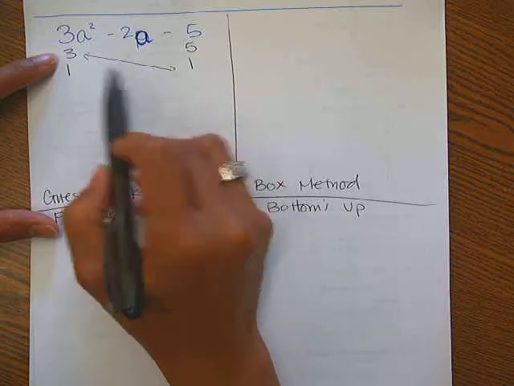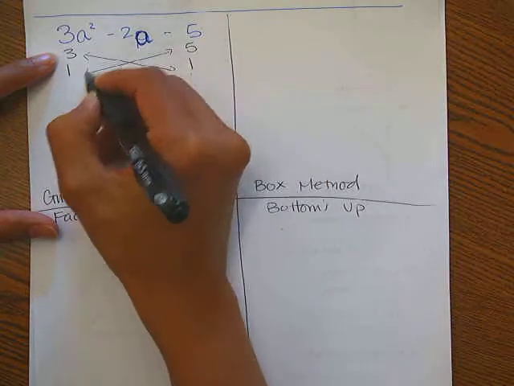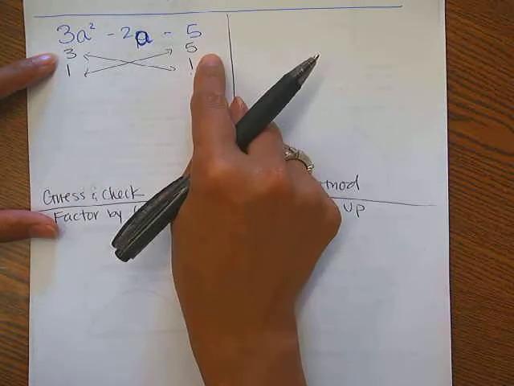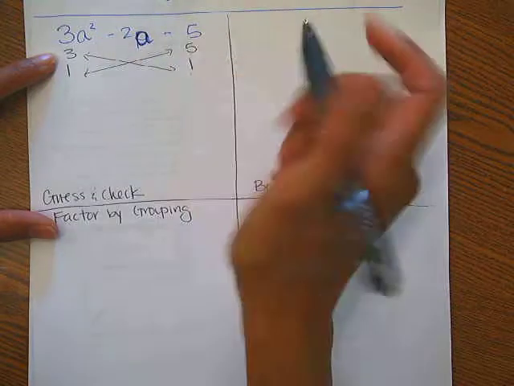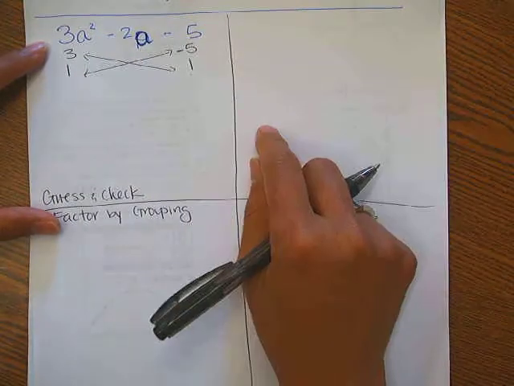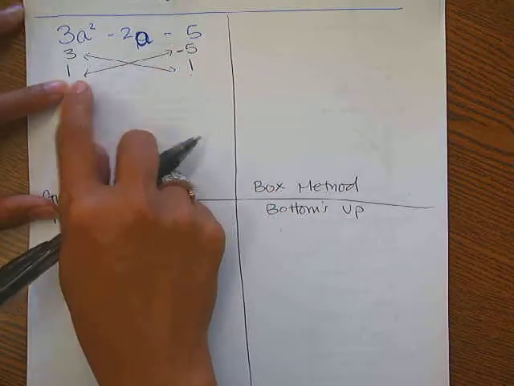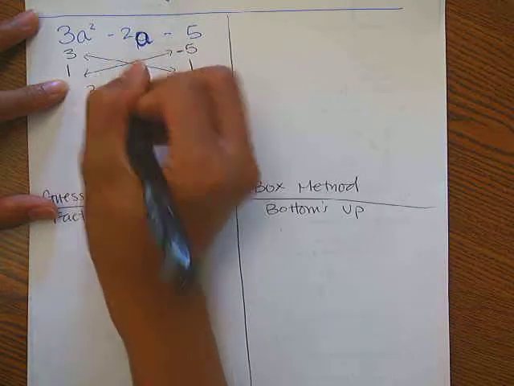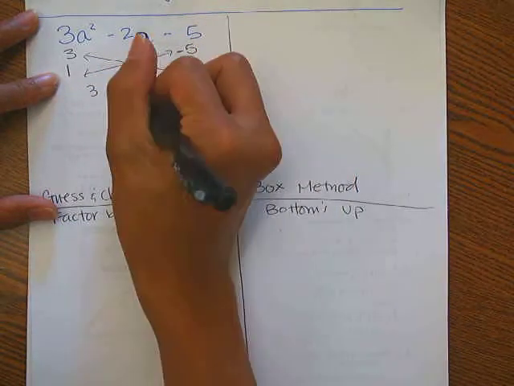When I cross multiply, 3 times 1 is 3, added to 1 times 5 is 5. So 3 plus 5 does not give me -2. Well, one of these is negative. Let's do it again. 3 times 1 is 3, added to 1 times -5 is -5.